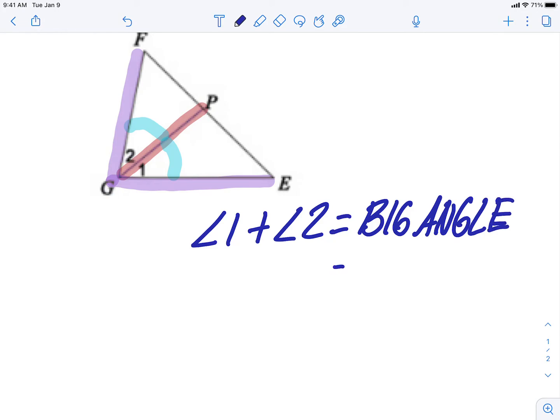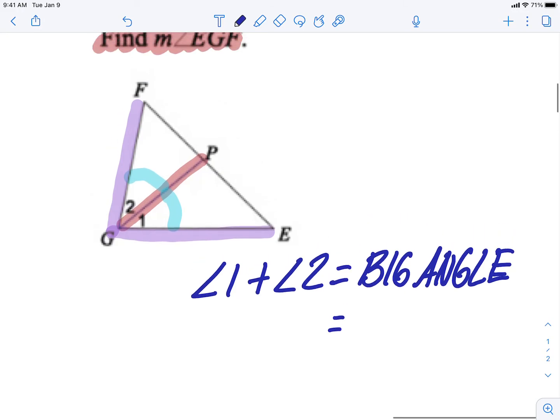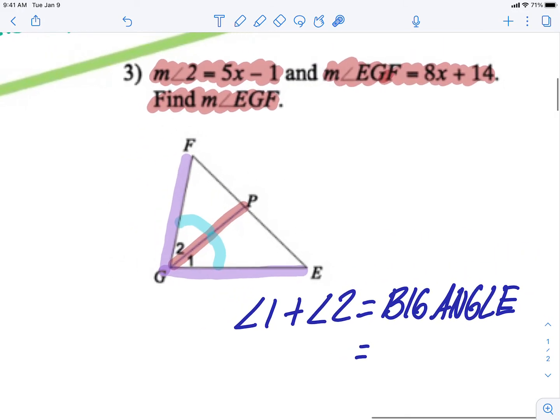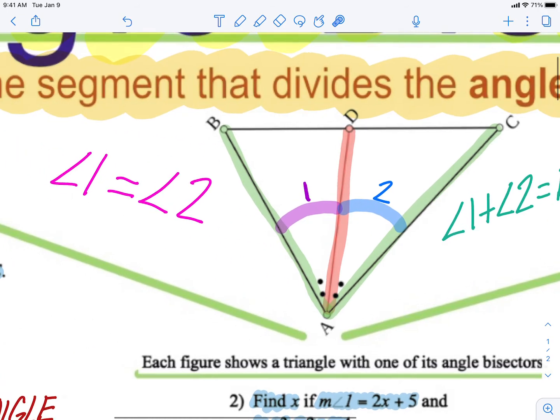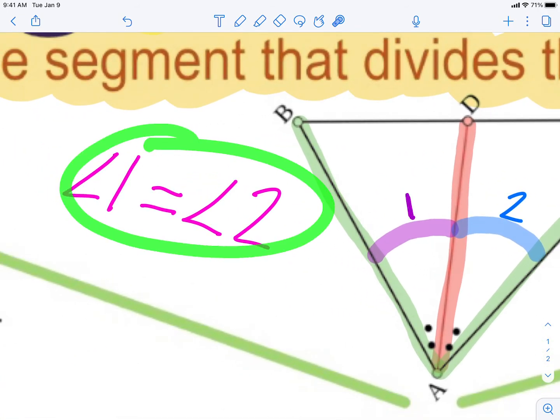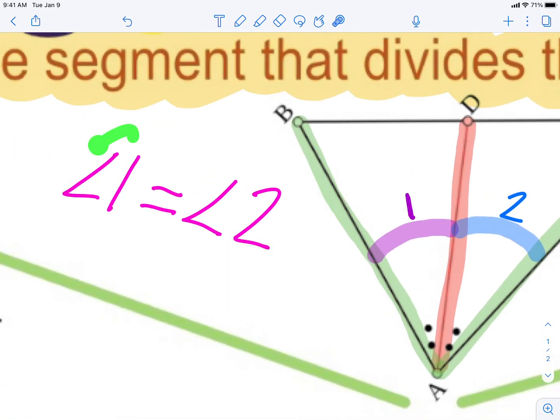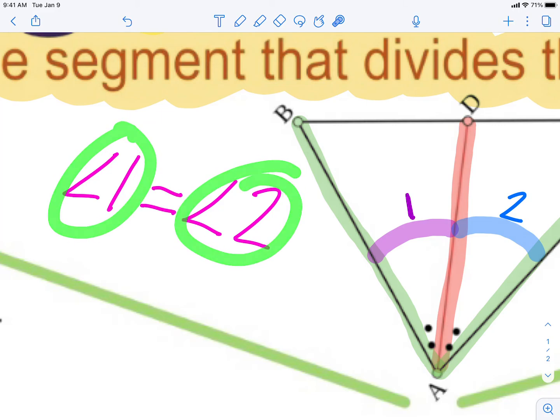So let us begin to substitute. How much is angle 1? Well, I don't know what angle 1 is. But I do know what angle 2 is. And since angle 1 is equal to angle 2, they are the same. Whatever angle 1 is, angle 2 is.